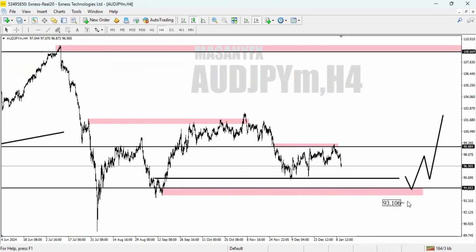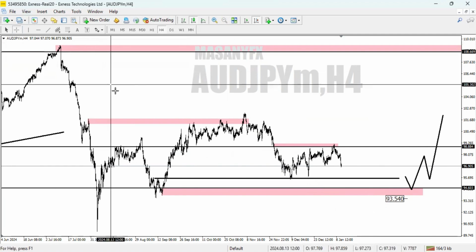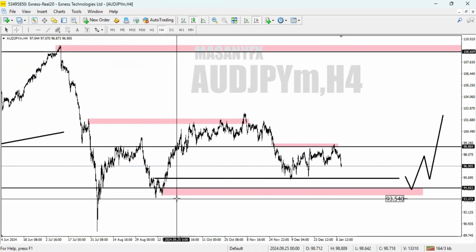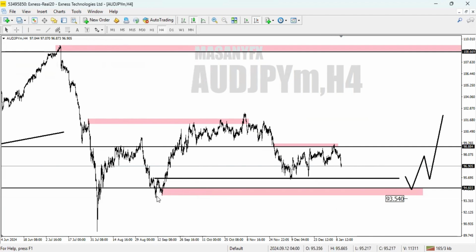Price will come here. This is your stop loss. Yes, stop loss is very correct because it must be below this.